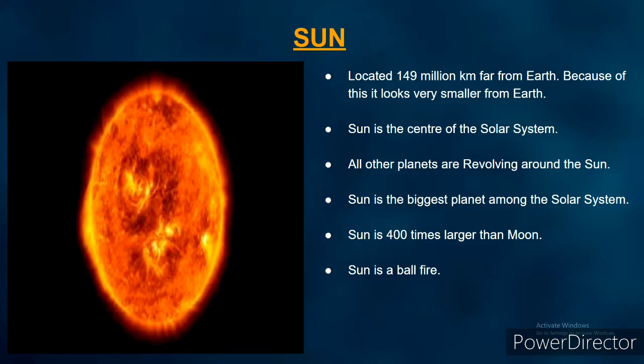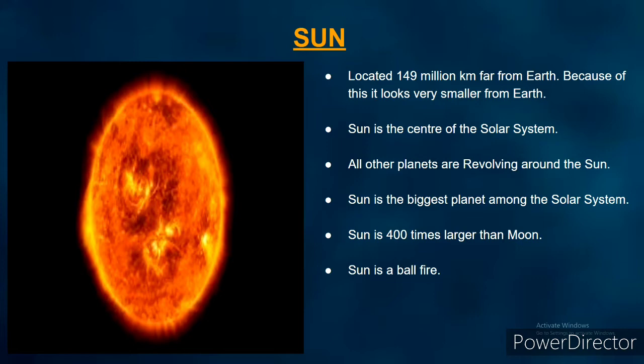Sun, located 149 million kilometers far from Earth. Because of this, it looks very smaller from the Earth. Sun is the center of the solar system. All other planets are revolving around the Sun.